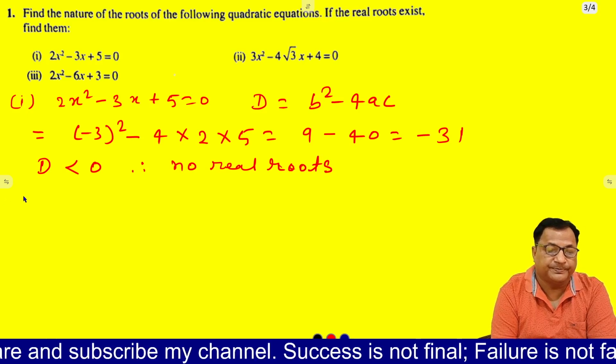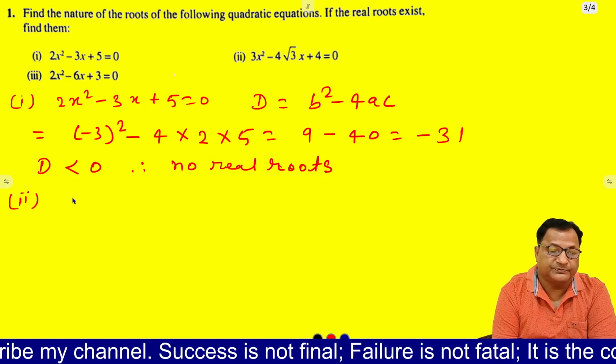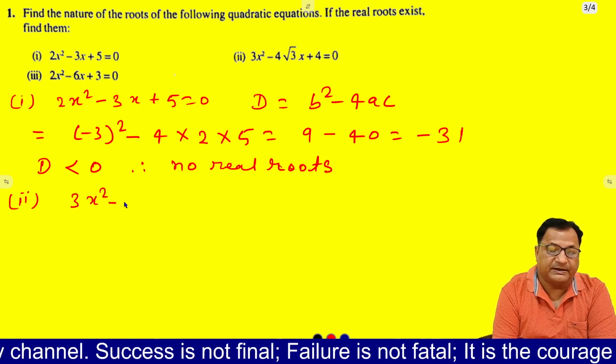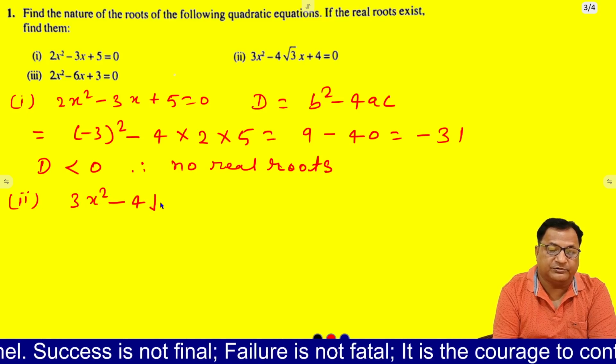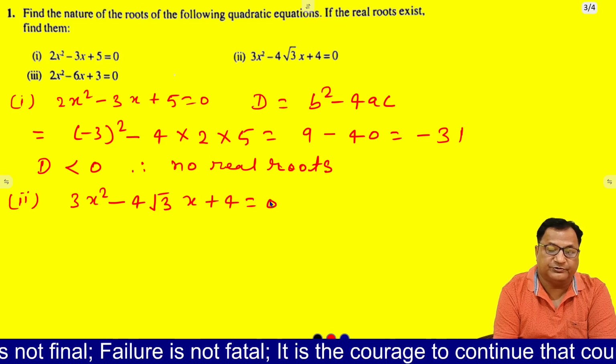This is number 2. 3x square minus 4 root 3 x plus 4 is equal to 0.